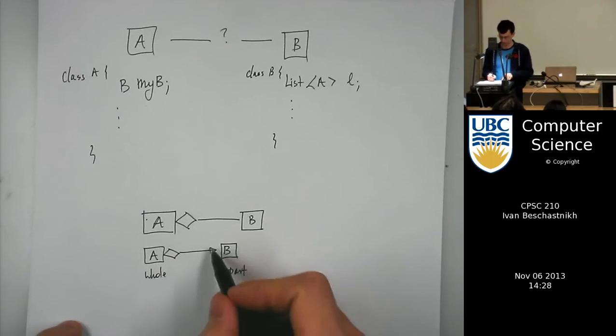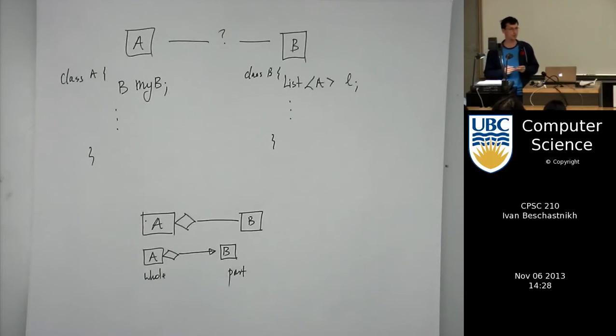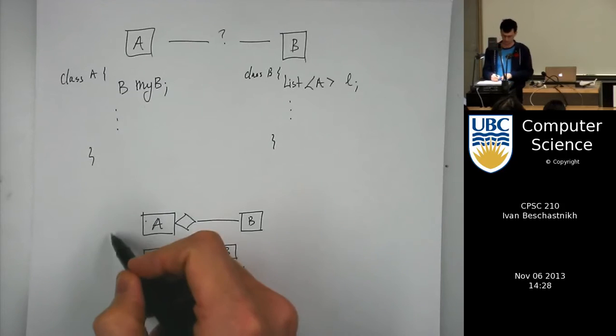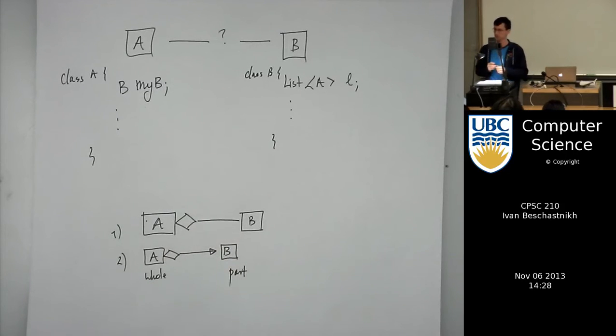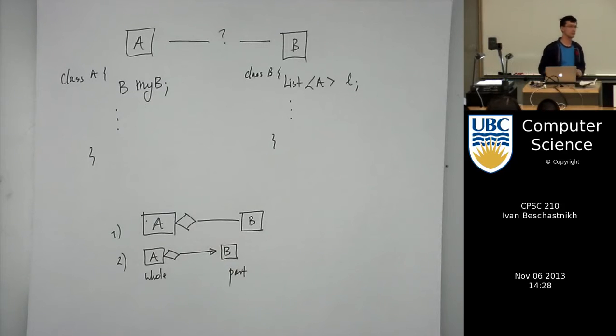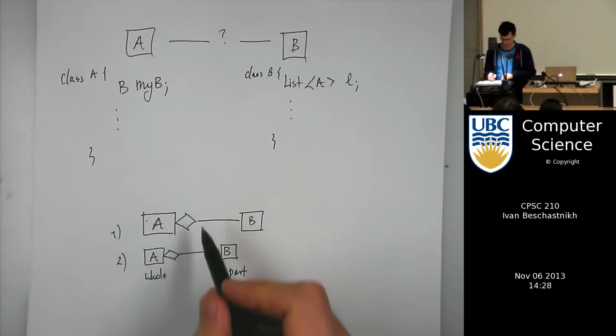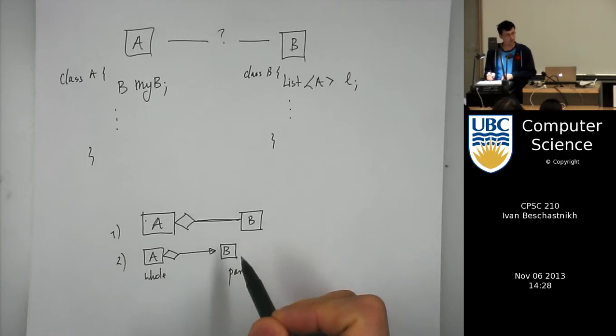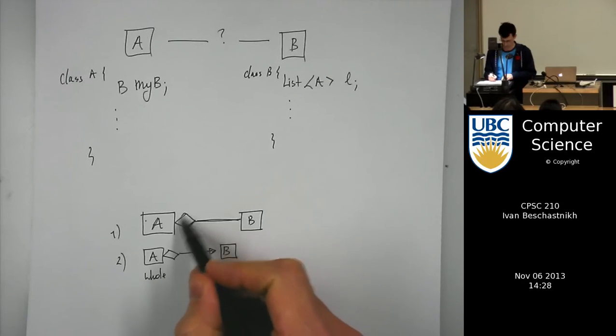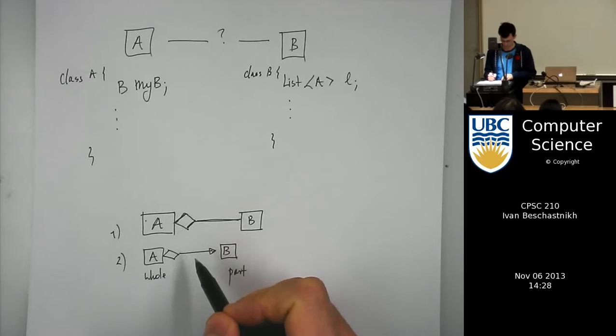So there's really only two choices for aggregation. Because if you have a car and wheel, only the car knows how many wheels it has.